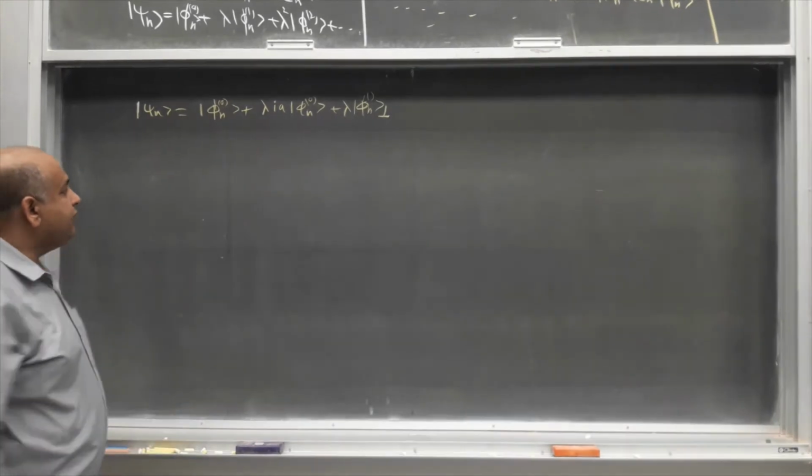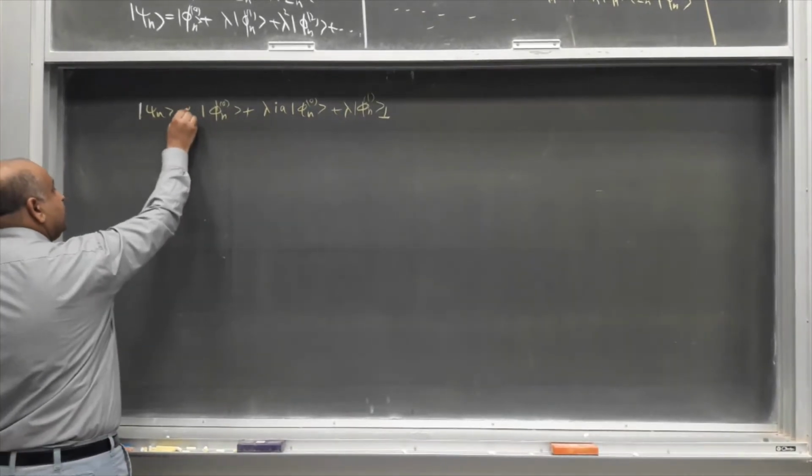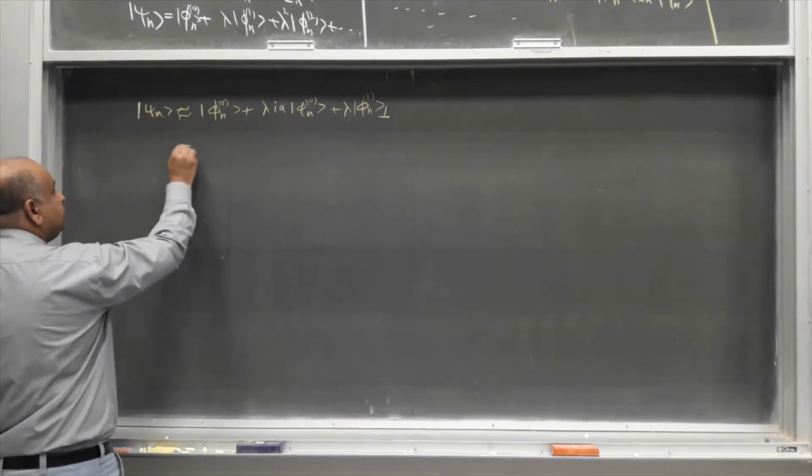I'm not writing the lambda square in higher order terms because we are approximating it up to lambda.